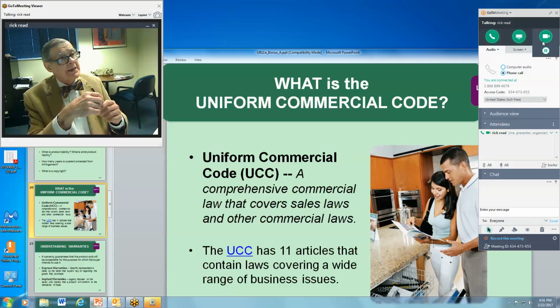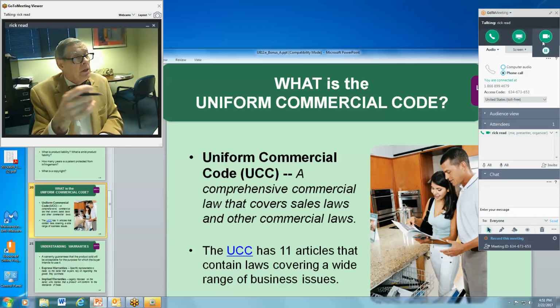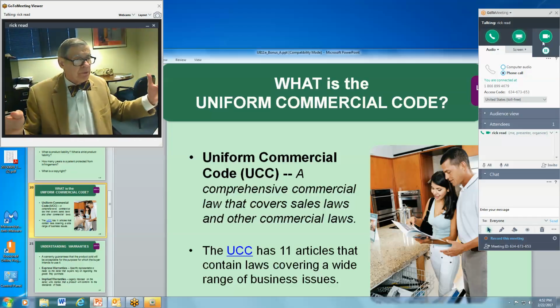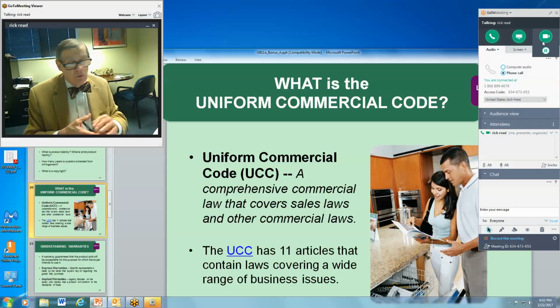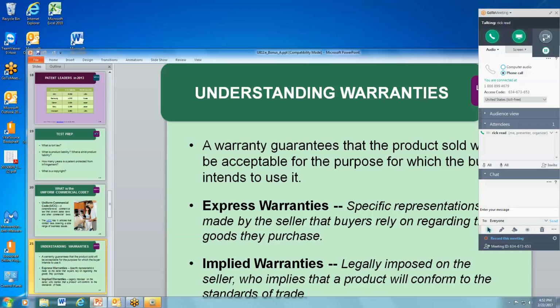Notice what it governs: sales laws and other commercial laws. There are 11 articles in the UCC covering all sorts of business issues. Now, we're not going to talk about each one of these, but to give you an idea where it is, you can go to UCC there and find out what you're looking for. Get some additional information.